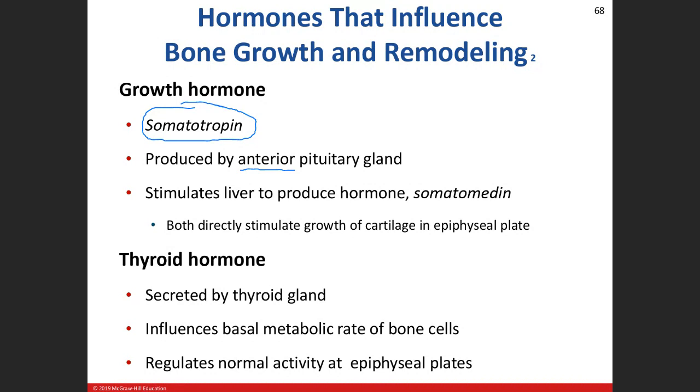Then it gets released into the blood, and it'll circulate throughout the blood, but as it's circulating, it'll go to the liver, and it'll produce what's called somatomedin. We have another name for that, insulin-like growth factor 1 and 2. Don't worry about that. You'll get all that in chapter 17.